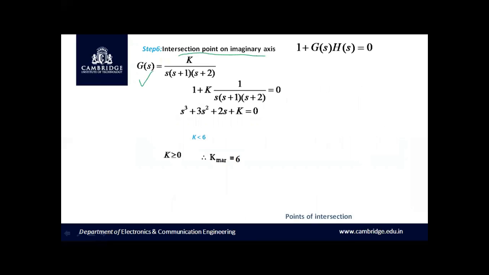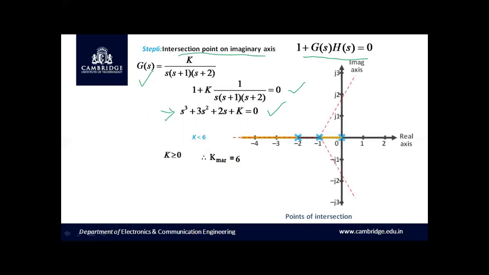For the same example, G of s is equal to K divided by s into s plus 1 into s plus 2. So the first step is to write the characteristic equation and simplify it. We have simplified it already with respect to rule number 6. Once we have represented the characteristic equation, we have to generate the Routh array, and this is the same plot which we have obtained up to rule number 6.